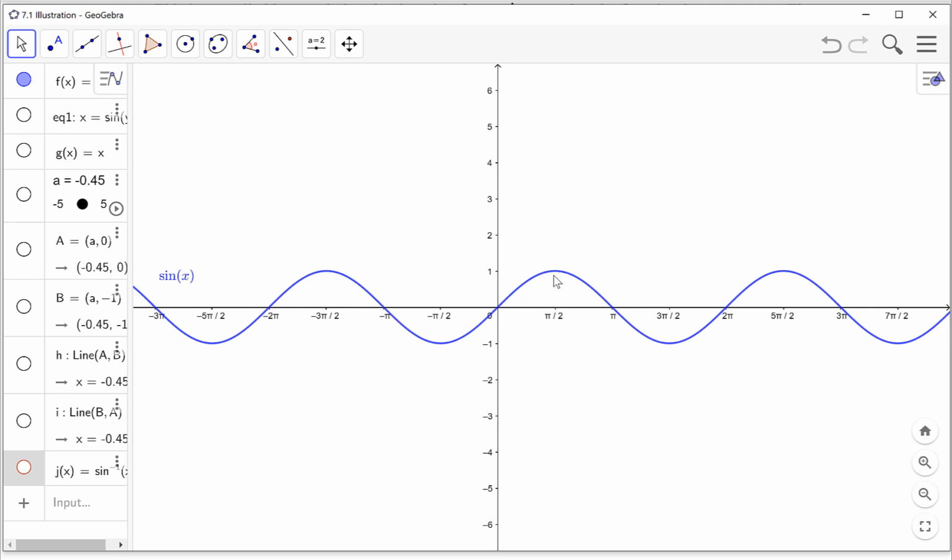So here's pi over 2, 1. There's pi, 0, 3 pi over 2, negative 1, and so on and so forth. As you can see, it passes the vertical line test, no problem, because it's a function. It's a function of x, if x is your input. So no issues here, it's a function.